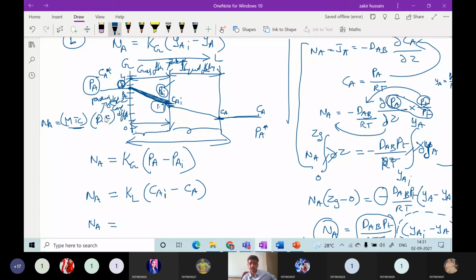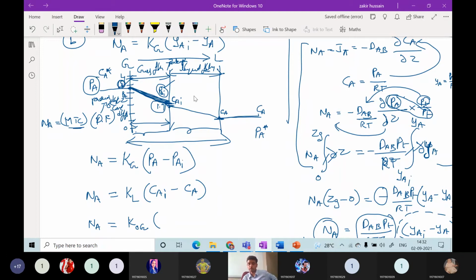If you write in gas terminology, you have to use pressures; in liquid terminology, you have to use concentrations. So the mass transfer coefficient for the overall two films is KOG, the overall mass transfer coefficient with respect to gas phase. So the mass transfer coefficient is fixed.